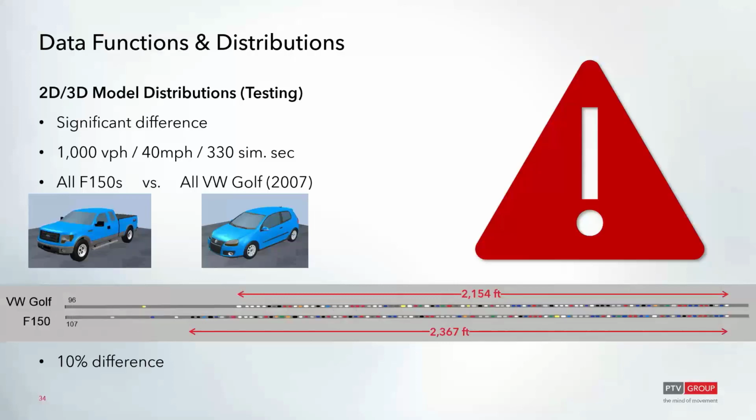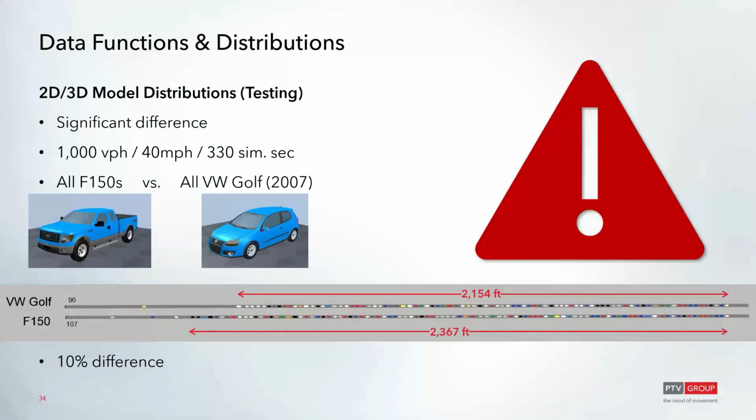So here was a quick test that we did, using all F-150s versus using all Volkswagen Golfs. For both of these, we set them up to have all the other settings the same. We were using 1,000 vehicles entering the network per hour, and both were using a 40 miles per hour speed definition.